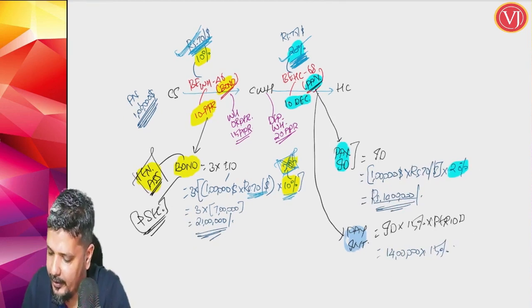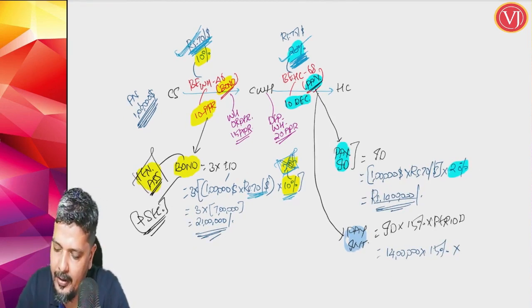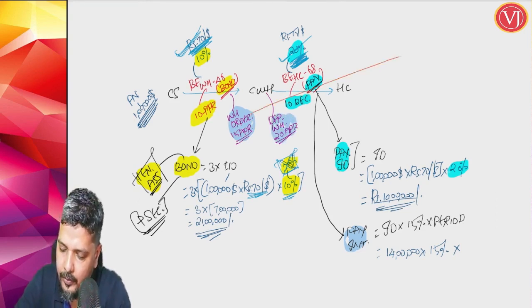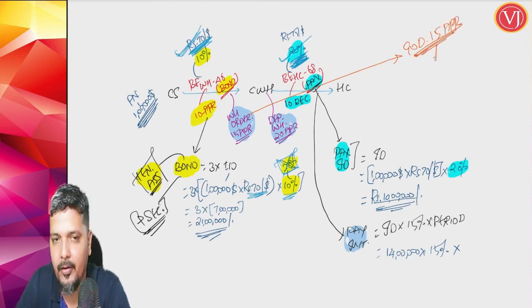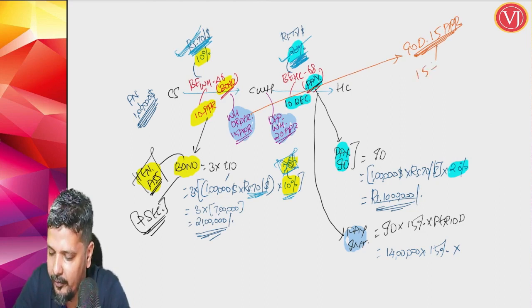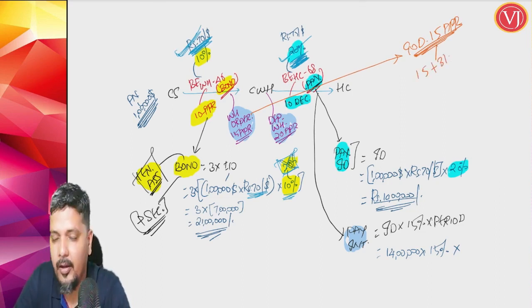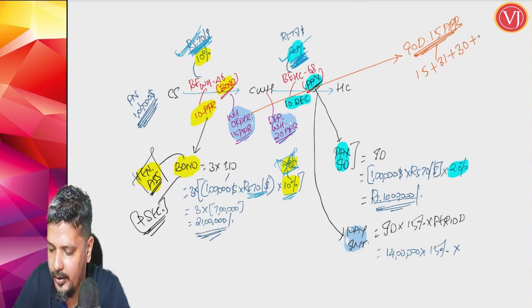What is the period? When will the 90 days get over? Your 90 days will start from the warehousing order or depositing in the warehouse. So your 90 days will start from 15th April. April will have balance 15 days. May 31. June 30. July. Wait.